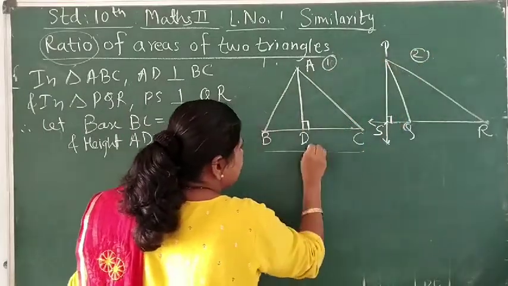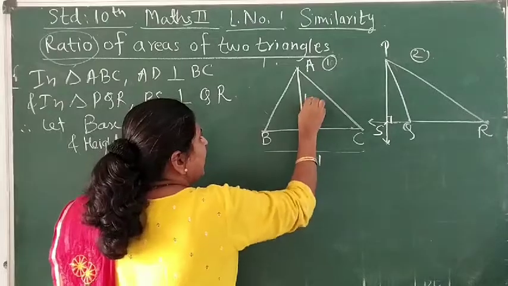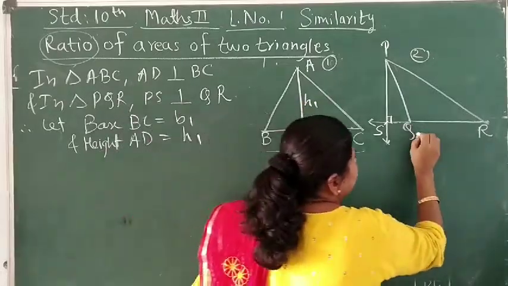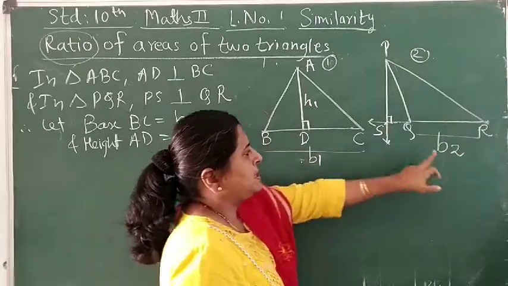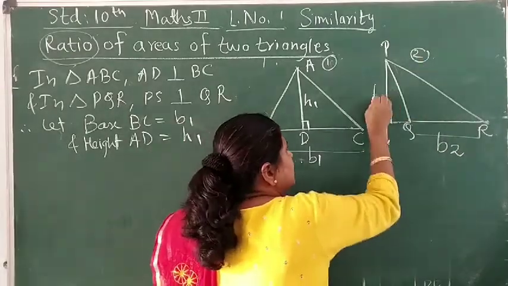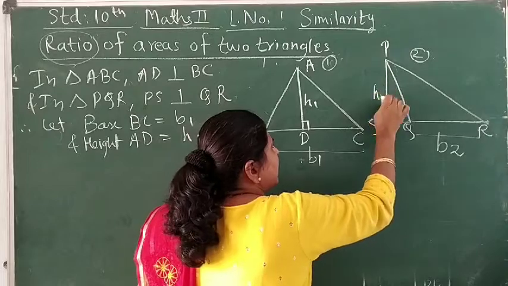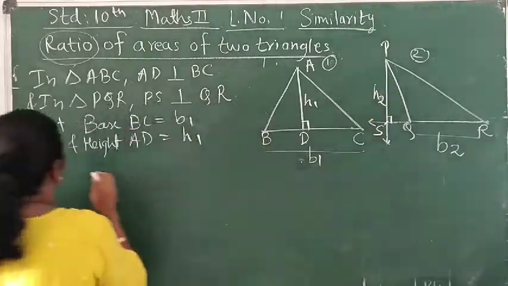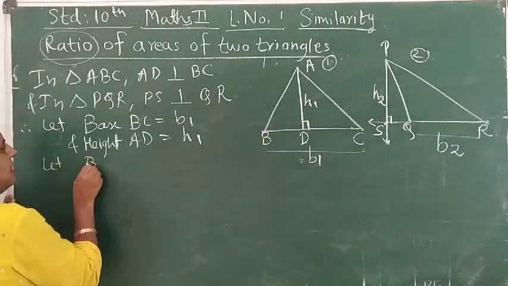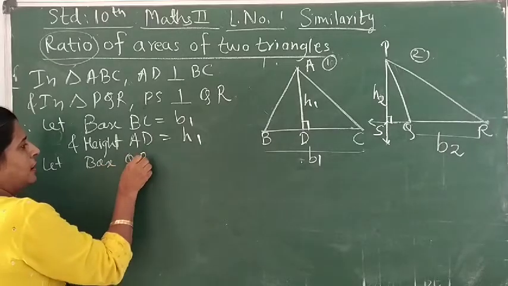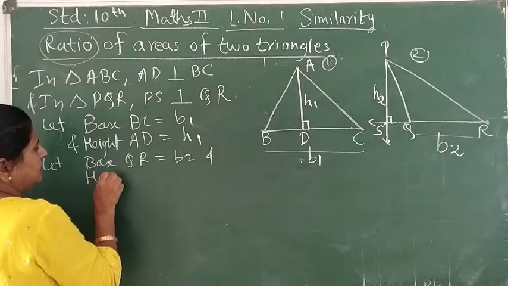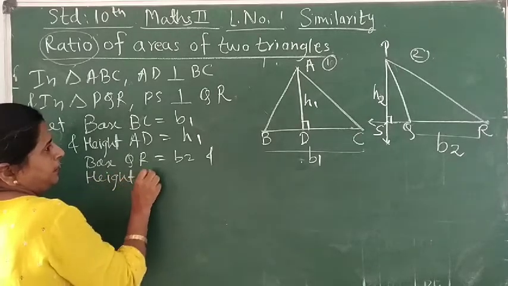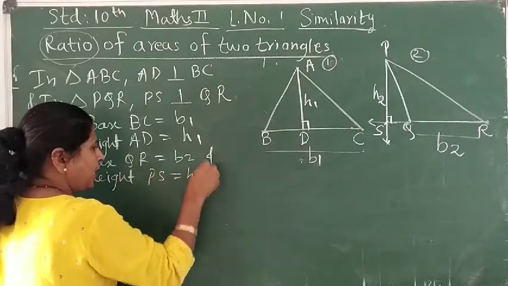So base BC we are assuming is B1, and this is height H1, and this base we are considering as base B2, which is the base of the second triangle, and this is the height of the second triangle, H2. Okay. And let base QR be equal to B2 and height PS be equal to H2.